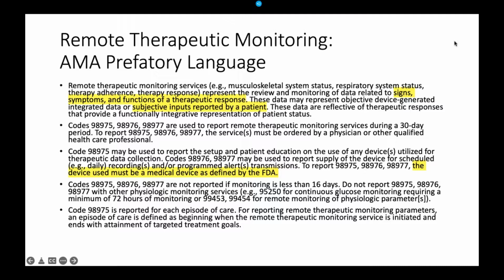The AMA crafted these codes to only address musculoskeletal and respiratory system: therapy adherence and response for musculoskeletal, and the same adherence and response for respiratory as well. There's a lot of room for other things that I would love to see, like adherence and response to behavioral health modifications.